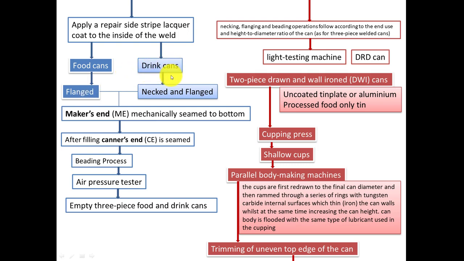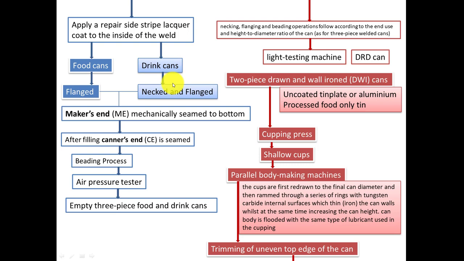And if we are manufacturing the drink can, there is one more process known as necking, and then it is flanged. Necking means, like, the hollow cylinder has a diameter of 10 centimeter, and there is a reduction in the diameter from both ends.